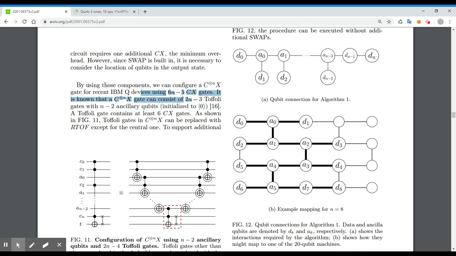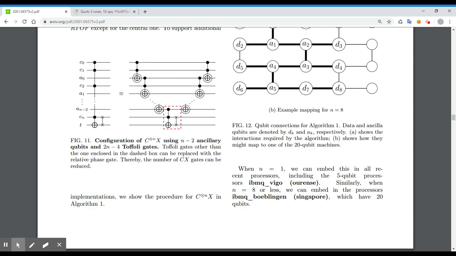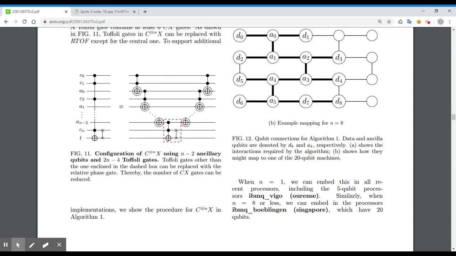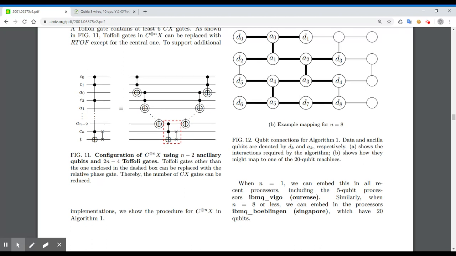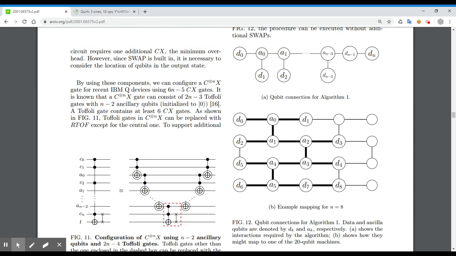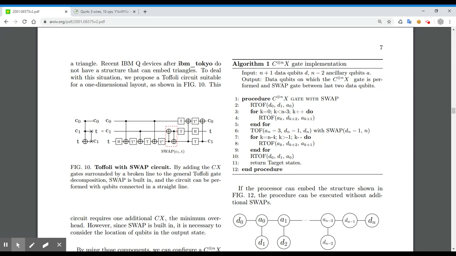A Toffoli gate contains at least 6 CX gates, 6 control NOT gates, as shown in Figure 11. Toffoli gates can be replaced with RTOF except for the central one. To support additional implementations, we show the procedure of implementing, okay, for the reproducibility. Okay, so that's nice.